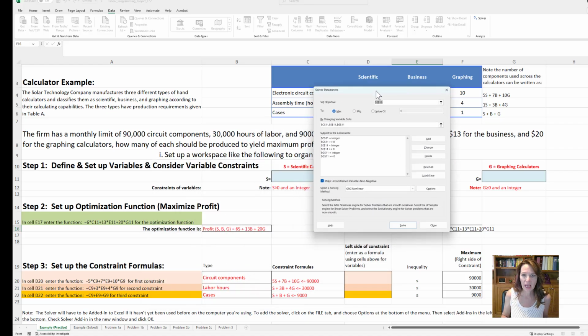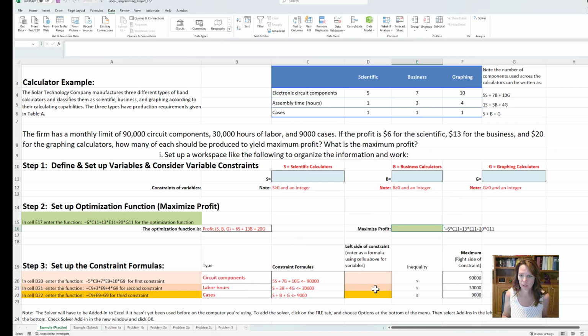Now we need to add our constraints formulas regarding the circuit components, the labor hours, and the cases. So to do this, I'm going to close this for a moment. I need to put in the variable in relationship to the cells in those orange areas. So I'm going to put equal to, and then the left side of the constraint is 5s plus 7b plus 10g.